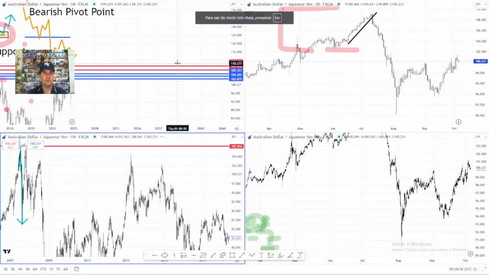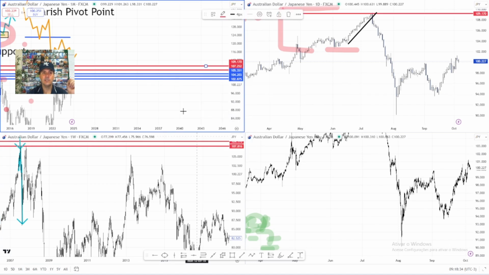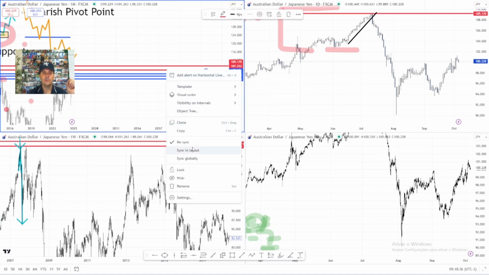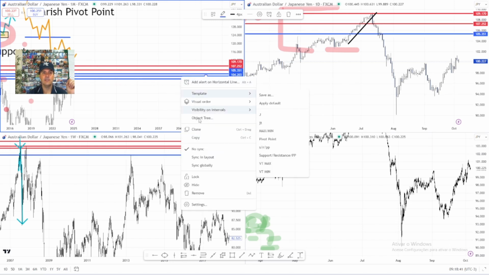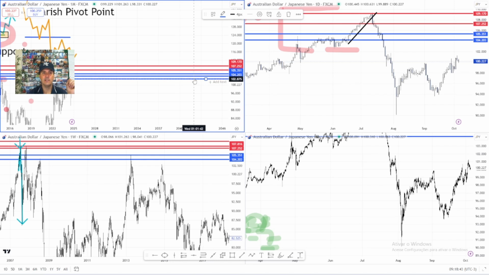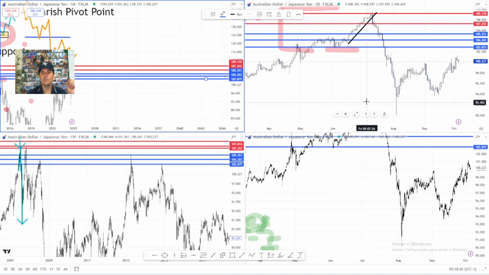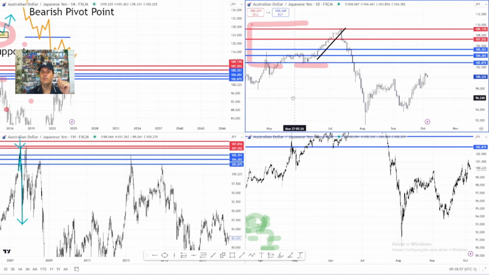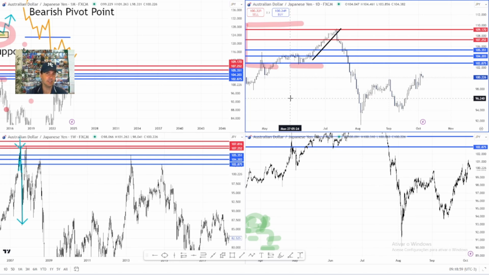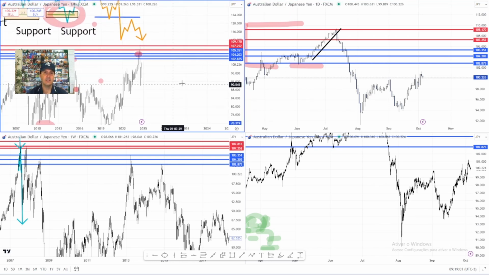Now, you do it once on the monthly, right click, sync in layout. You don't need to waste time doing this on the monthly and the weekly and the daily. You do it once, you just sync in layout and you have all the support, resistance, pivot points on all the 4 time frames. It's good news, right?